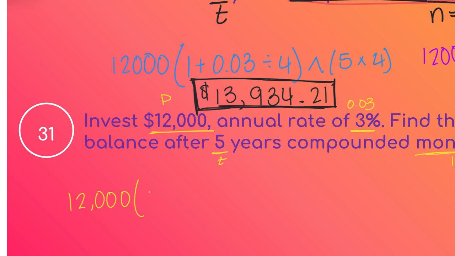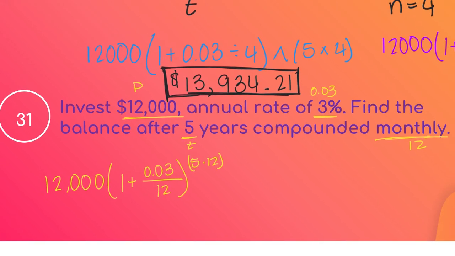My principal times 1 plus my rate as a decimal over the number of times compounded, to the power of my time times the number of times compounded. Okay, go ahead and plug it into your calculator. Keep in mind, look at the one above it.